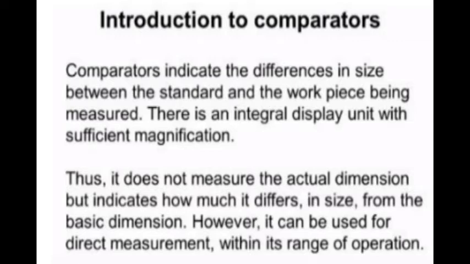So the dimension of the workpiece will be less than, equal to, or greater than the standard dimension. If the dimension is less or greater than the standard, the difference will be shown on the dial or recording device of the comparator. Thus a comparator does not give the dimension of the workpiece, but only gives the difference between the standard and the actual dimension of the workpiece. This is the principle of the comparator.